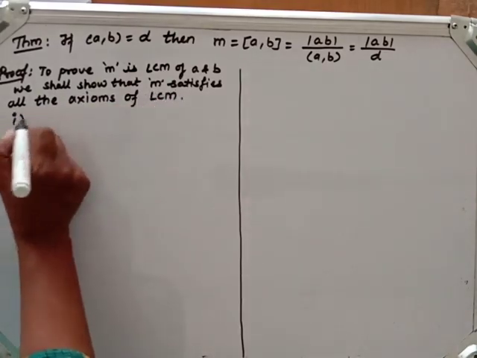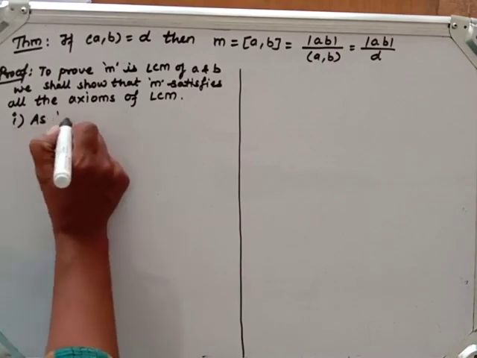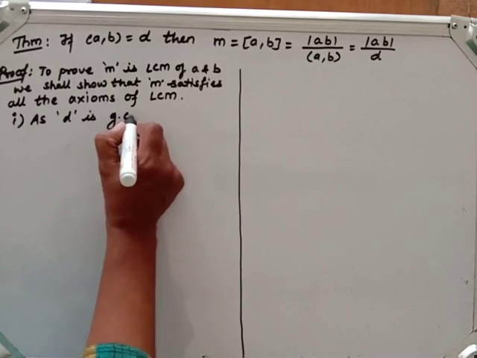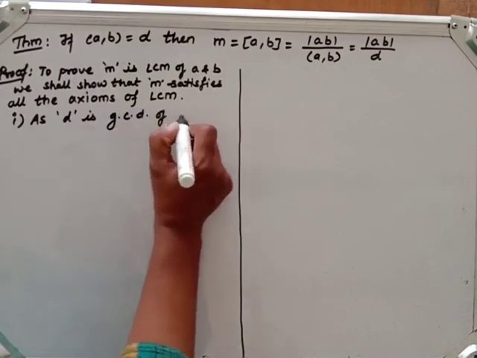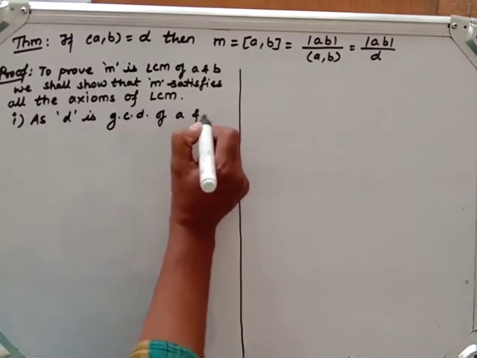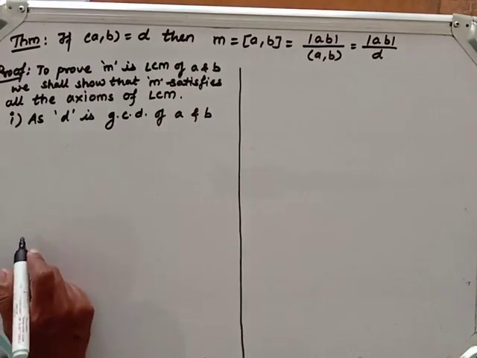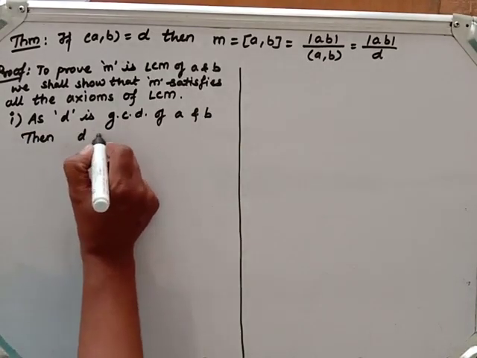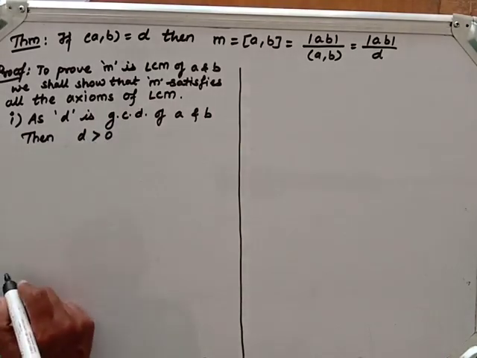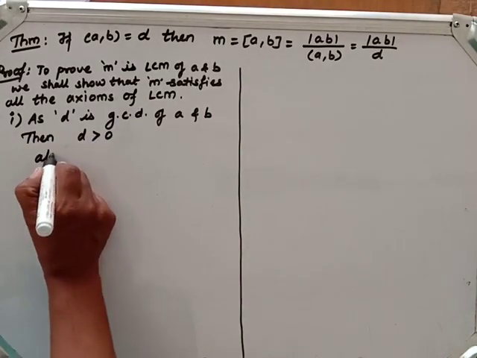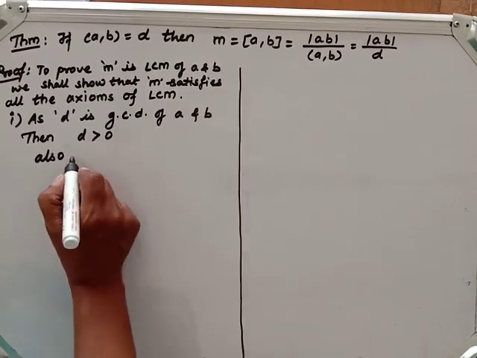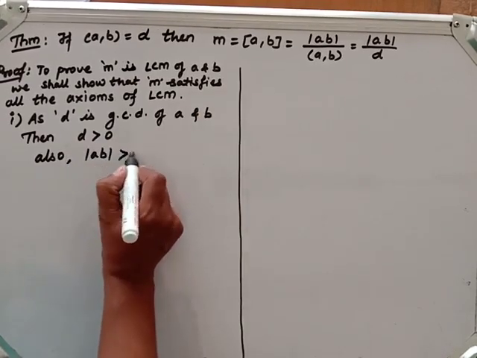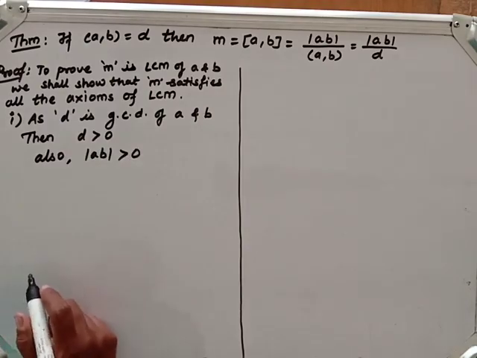So first thing, D is the GCD of A and B. Then D is strictly positive. Also, whatever A and B are, the modulus of A into B is also strictly positive.